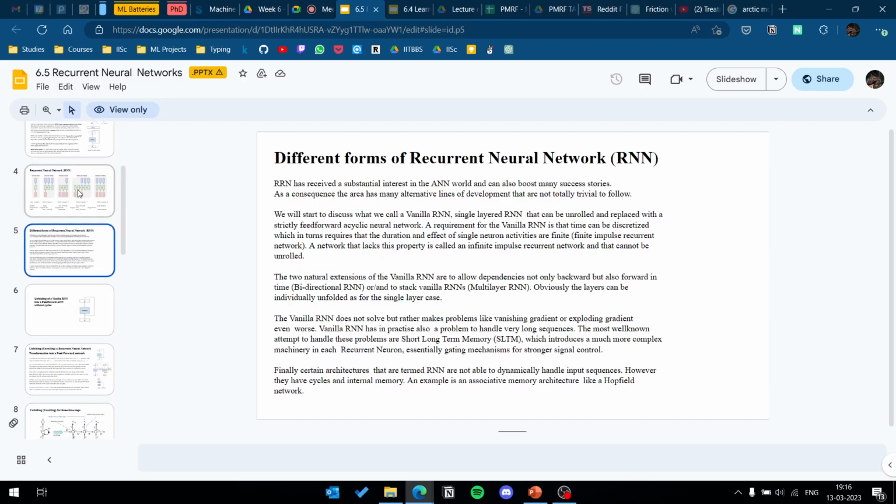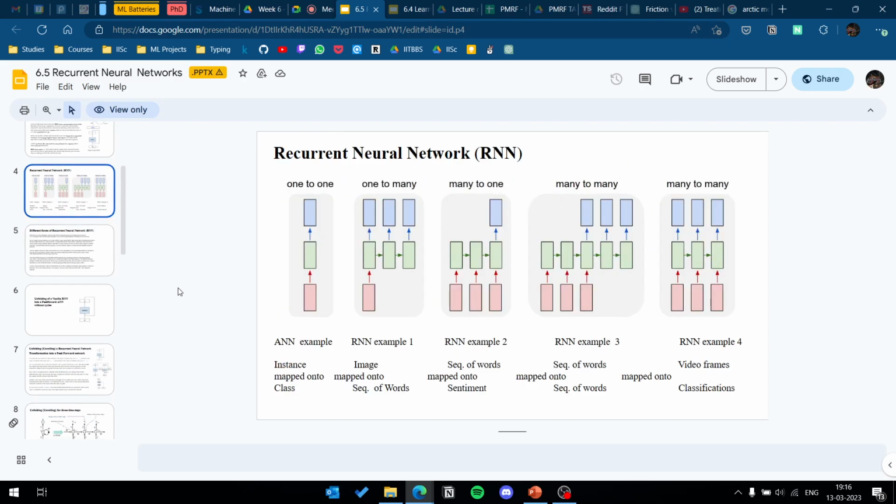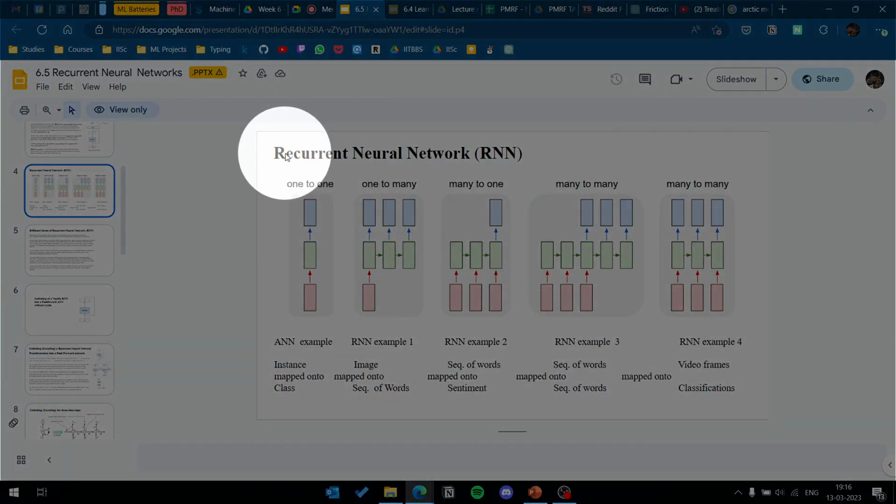So it is there in these two slides basically. So one kind of classification of RNNs that you can do is based on the kind of problems that it can solve. So you have one-to-one networks, one-to-many networks, many-to-one. So one-to-one networks, this is basically a simple ANN you can think of.